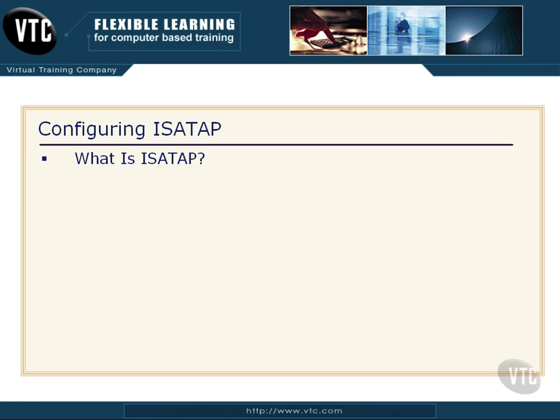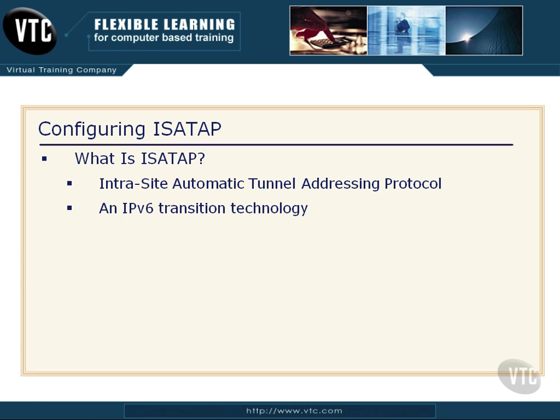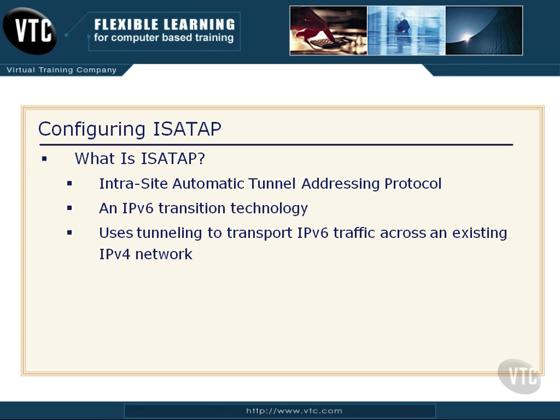So first of all, what exactly is ISATAP? Well, the name really tells you a lot about it. Intra-site Automatic Tunnel Addressing Protocol. As I've already mentioned, this is an IP version 6 transition technology. It is designed to help us move IP version 6 traffic across an IP version 4 network that doesn't really support IP version 6.